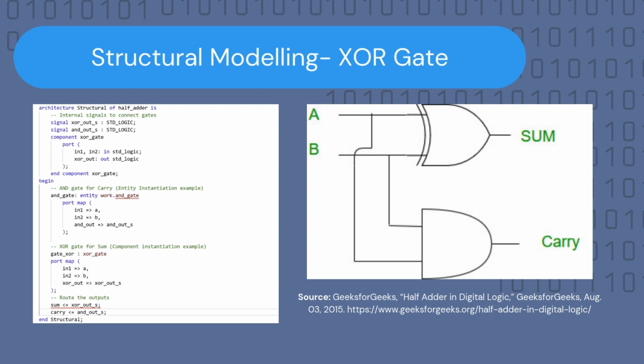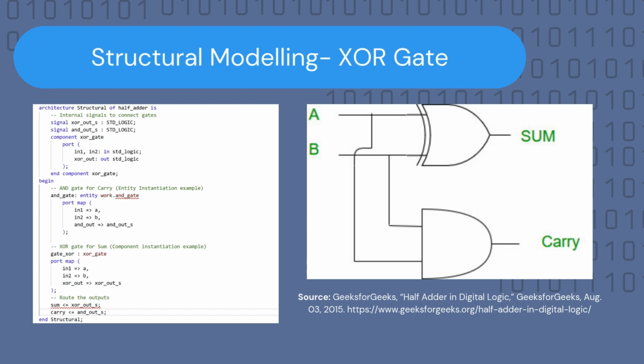Okay, so now we understand what structural architecture is, but how can we instantiate those components within the structural architecture? Well, there are two methods, and we will discover them as you can see from the code. There are two ways in which we have instantiated the AND gate and the XOR gate.